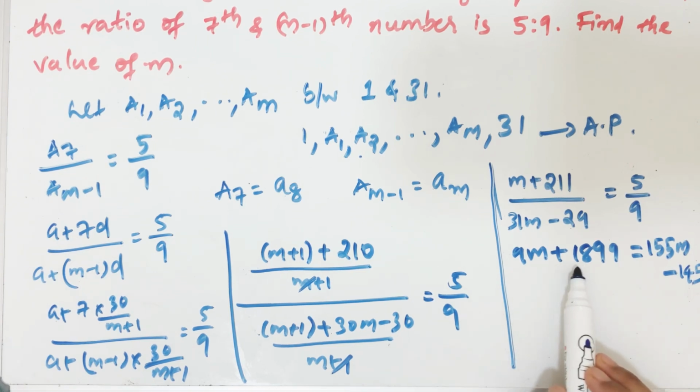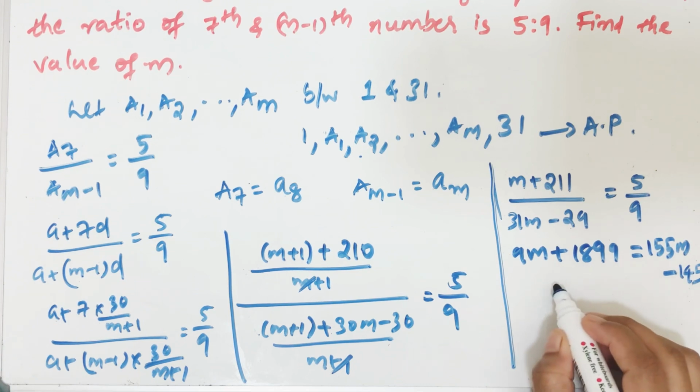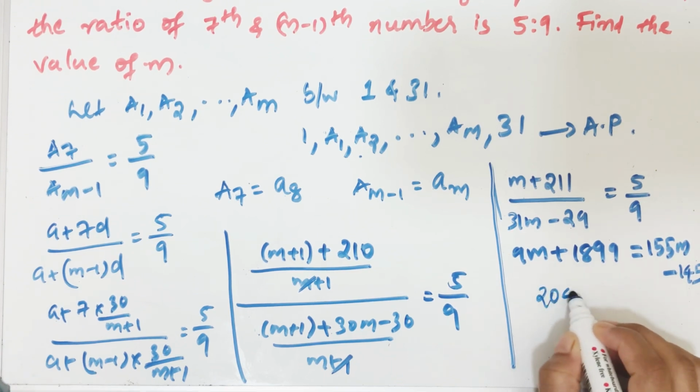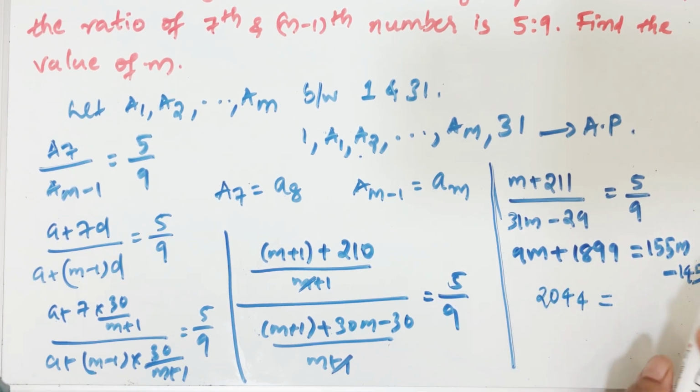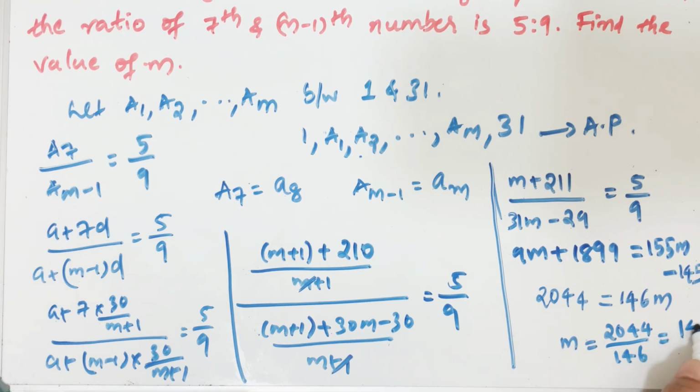Now 1899 plus 145 is equal to 2044 equal to 155m minus 9m, 146m. From this we get m is equal to 2044 divided by 146 which is equal to 14. So the value of m is 14.